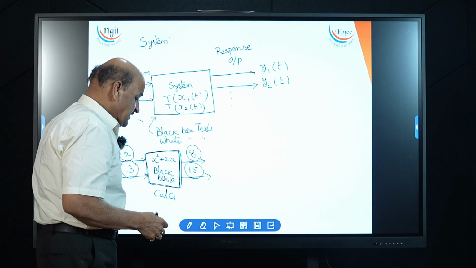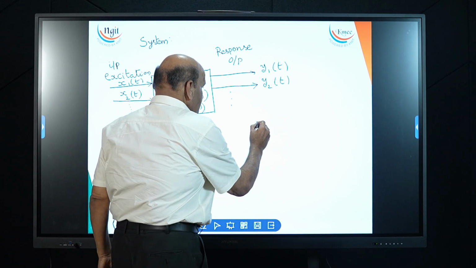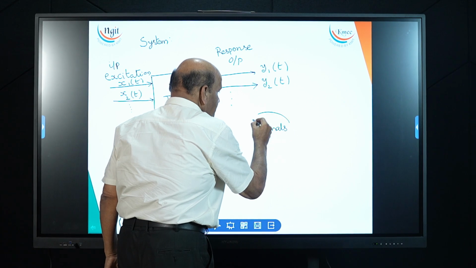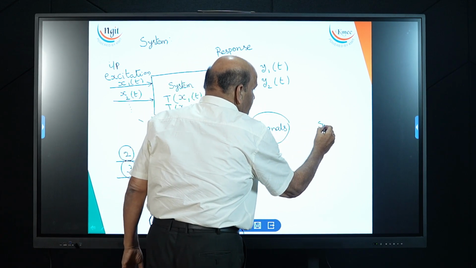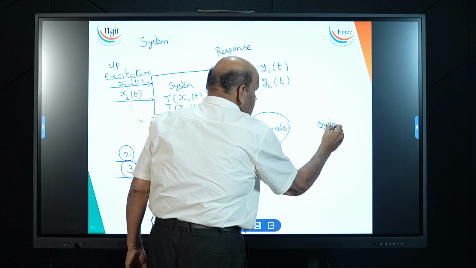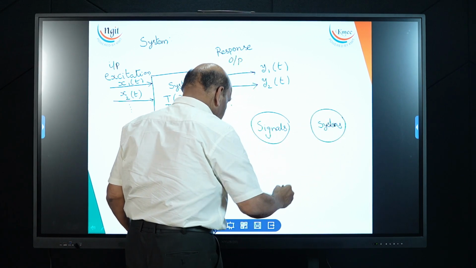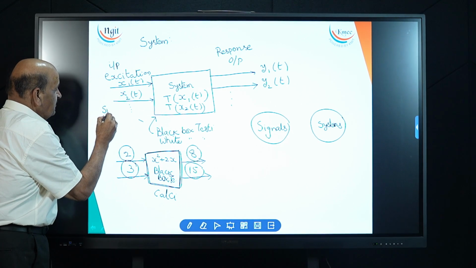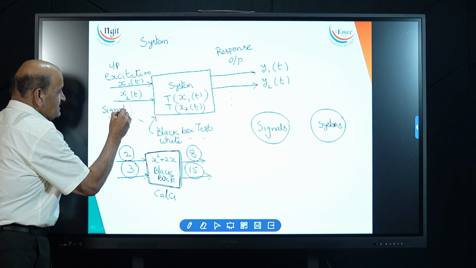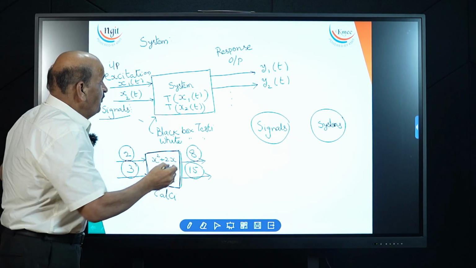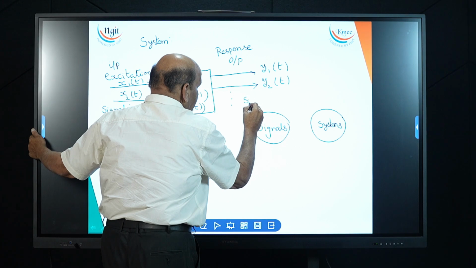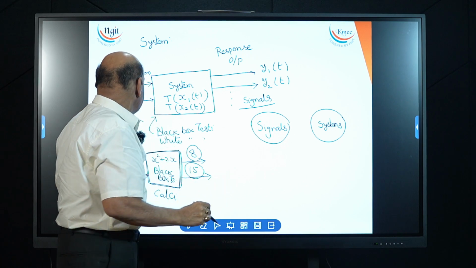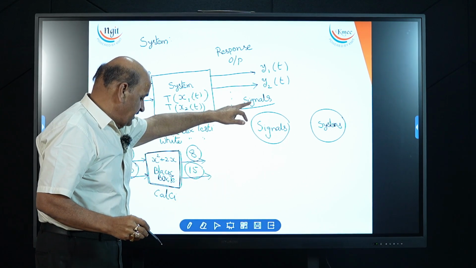Here one more important point we have to discuss. These are signals, and these are systems. We give signals as input, excitation, and we get different signals as response. So input signals are different, output signals are different.